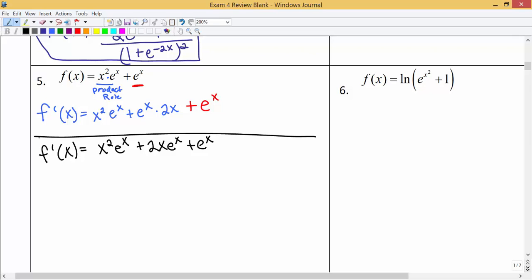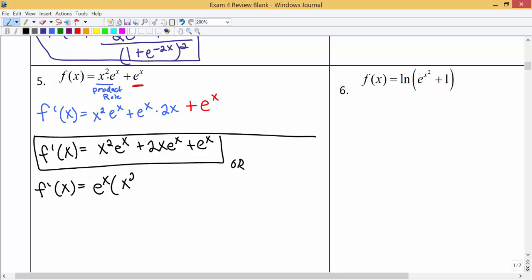So we can choose to leave it like this, or you could also simplify, if you wanted to, by factoring out a common factor of e to the x from each term. And that would leave you with x squared from the first term, plus 2x from the second term, and then of course a plus 1 from the last term.